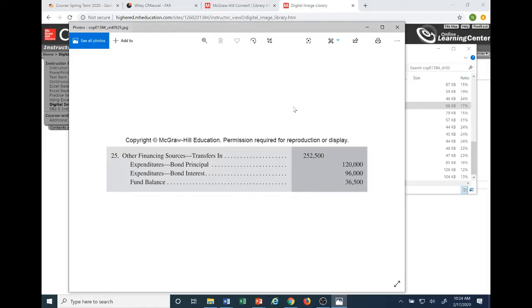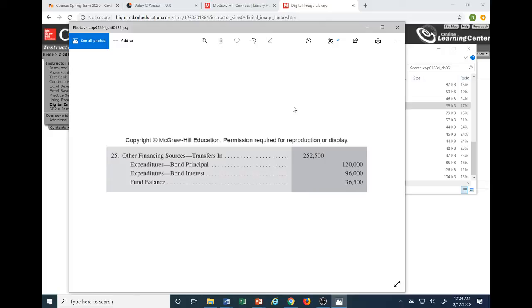We credit expenditures of bond principal. Remember, we had the expenditure during this year for bond principal of $120,000. We credited expenditures of bond interest of $96,000. Remember, $48,000 times 2. We had those two payments. That's the $96,000. And then the fund balance is going to be your $36,500. And notice that's the residual that was transferred from the Capital Projects Fund.